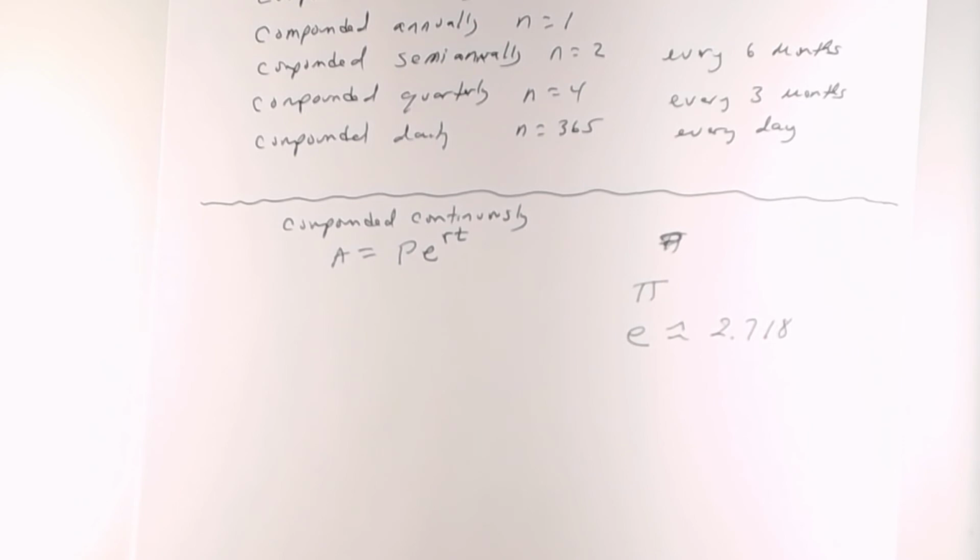So you use this formula if you see that it's being compounded in what way? Continuously. Use that formula. E is a number. It's approximately equal to what number, though? 2.718.